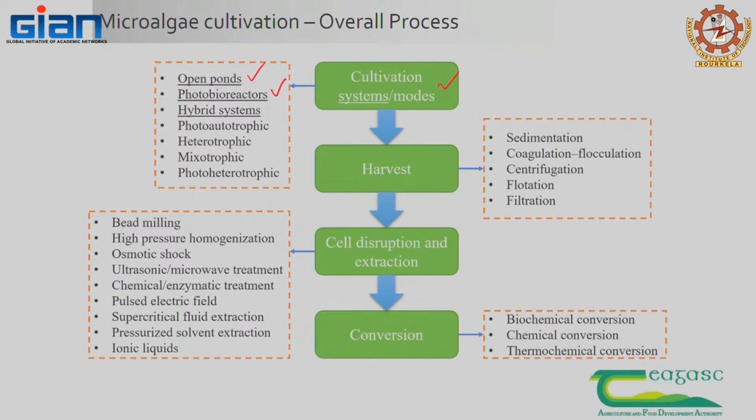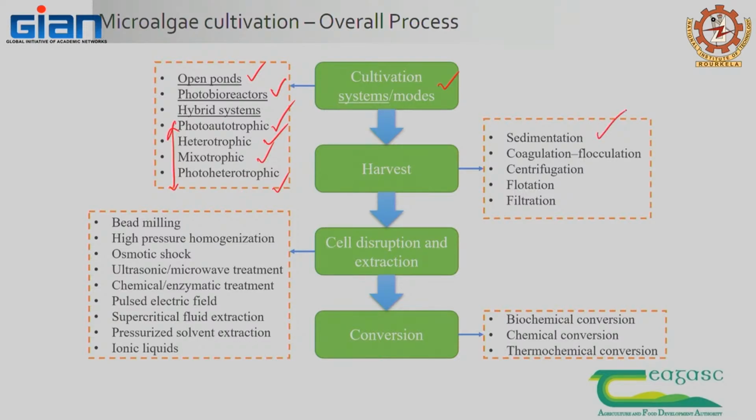If a species needs CO2, you purge CO2, and it needs light. Photoautotrophic, heterotrophic, mixotrophic, photoheterotrophic: that is again depending upon the species. Some of you know these words, I am not going to go through each one of them; it is based on the requirement for them to grow.